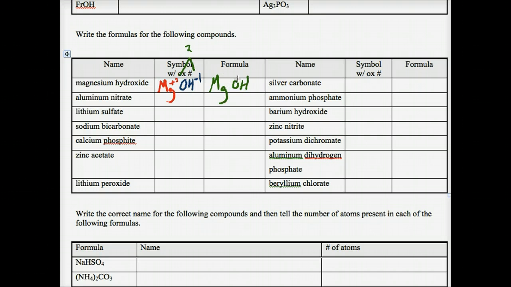Just like mathematics, we have the parenthesis method and we put our little 2 underneath here. The subscript indicates that I have two OHs. And looking back, it makes sense. I have +2 and I have a -1 times 2, so I'm meeting at +2 -2 overall.